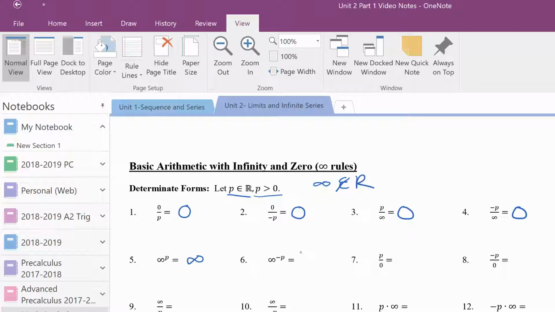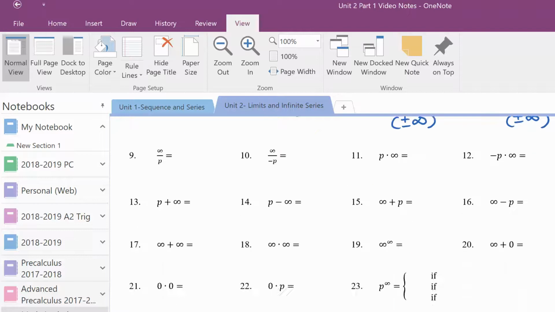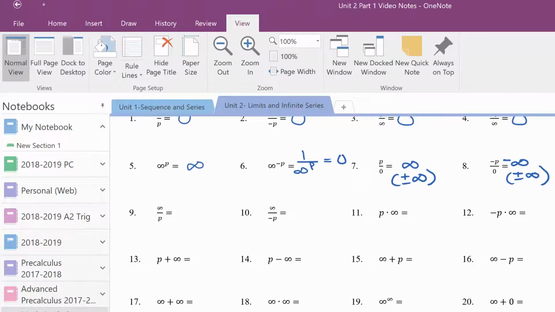Infinity to the negative p power, this is where you've got to be careful, it's 1 over infinity to the p, which is 0. p over 0, that is infinite. It could be plus or minus infinity depending upon what the p is, and the same thing here, it's infinite. It's actually negative infinity, but it could be plus or minus depending upon what the p value is.